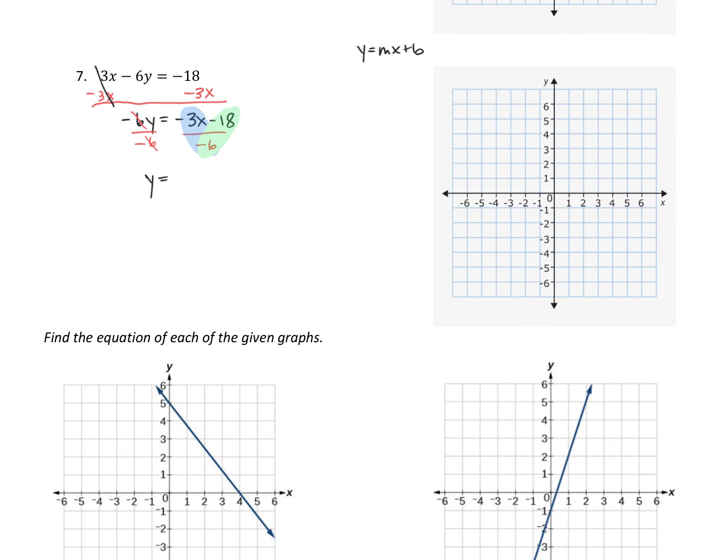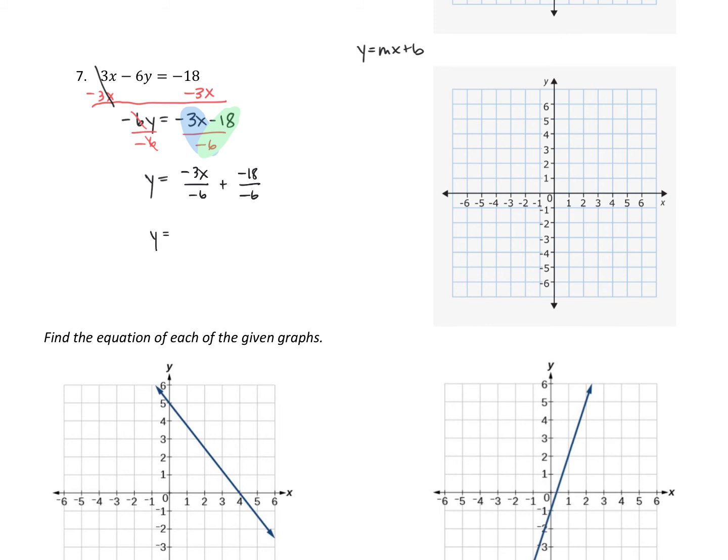Each of those, you're dividing the entire side by negative 6. That means you're dividing each term, each piece, by negative 6. So if I write this out, that's negative 3 divided by negative 6 plus negative 18 divided by negative 6. Both pieces are divided by negative 6.